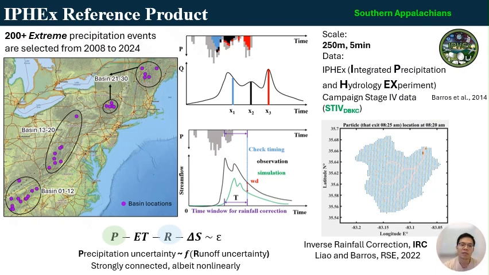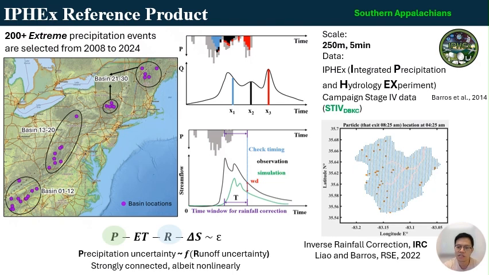For these purposes, we chose 30 basins across the entire Appalachians for 200 extreme precipitation events from 2008 to 2024, 15 years. The model simulation scale is 250 meters, 5-minute resolution.